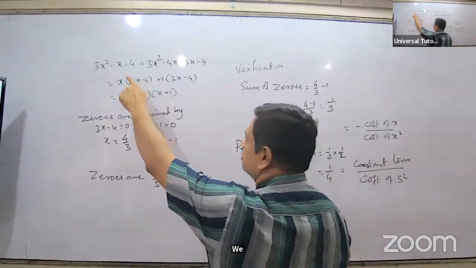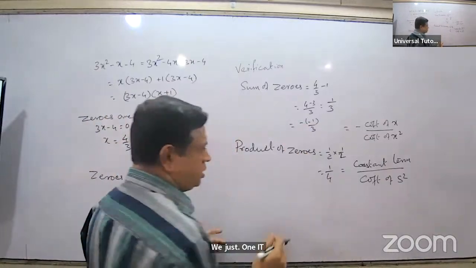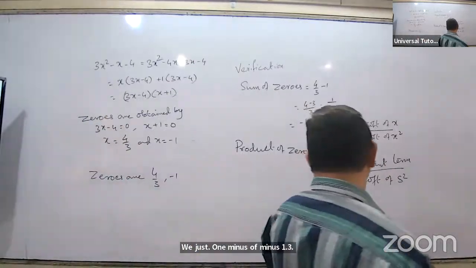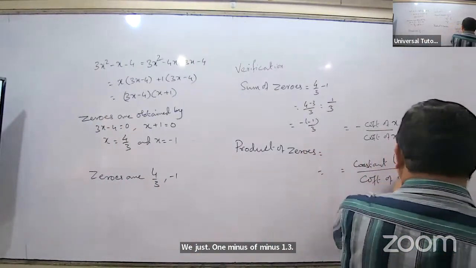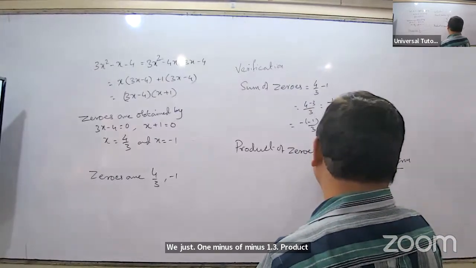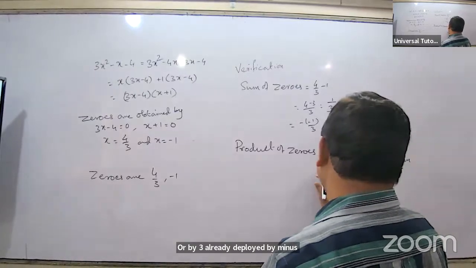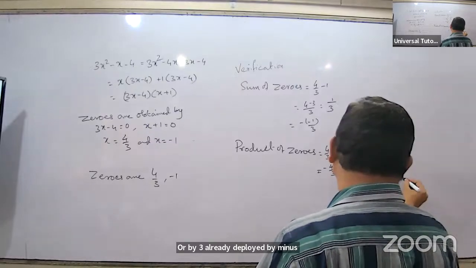Check. Coefficient of x is minus 1, so minus of minus 1 by 3. Direct. And product: 4 by 3 multiplied by minus 1 is minus 4 upon 3.